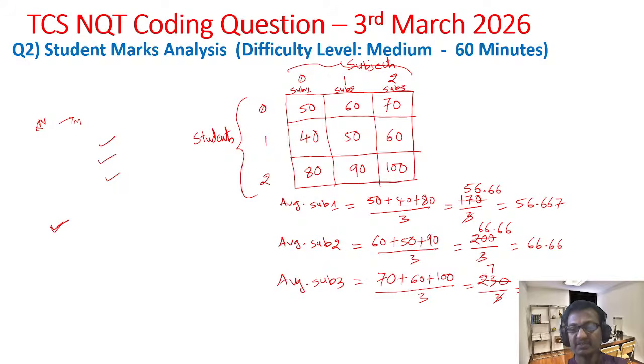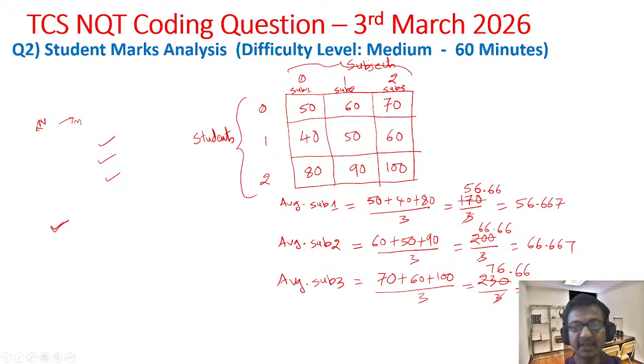It is 76.667, approximately. Now we have the average marks for each subject.